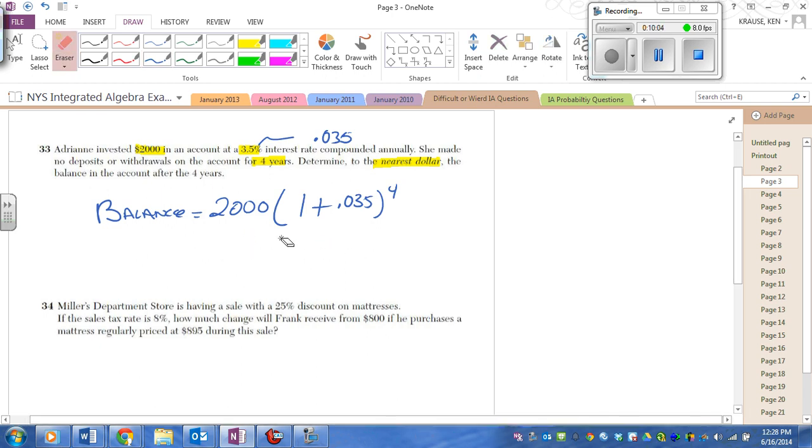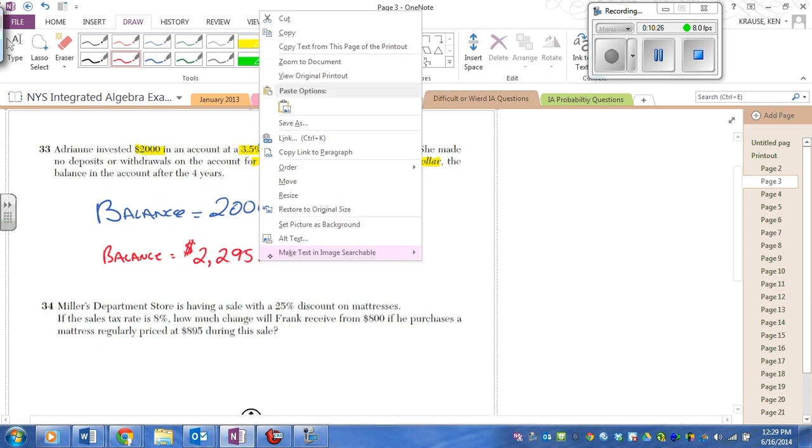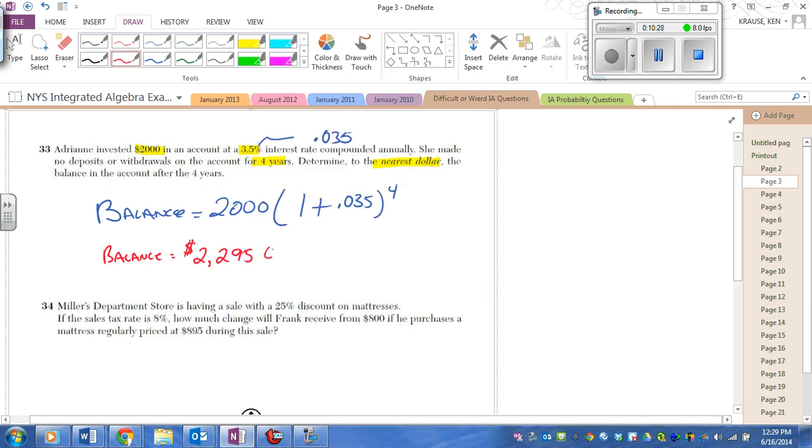No wonder it turned out to be so funny looking. There we go. So my balance is $2,295.05.